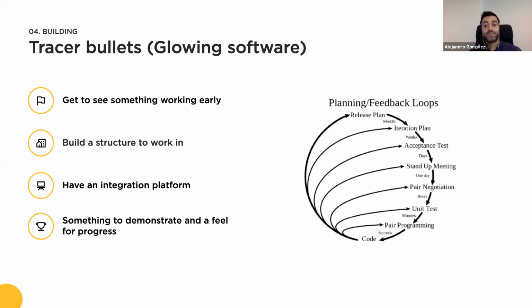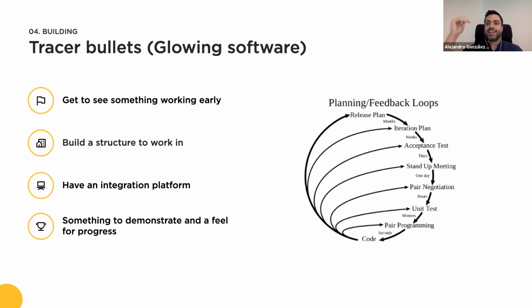Because as soon as you have some piece of software that is working at the beginning, it will give you light on the decisions that you have to take in the future. Because most startups, most developers, tend to think a lot about the future and about how the perfect tool will be. This is something that is not working, and this is why we are saying glowing software, right?